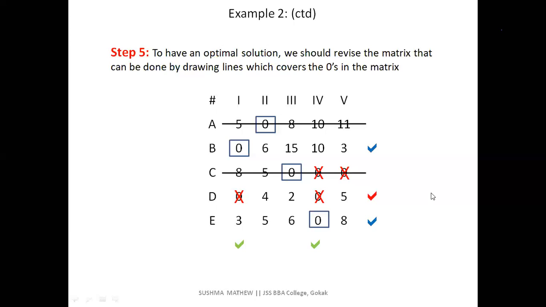So the one 0 is available in the first column and the other 0 is available in the fourth column. Fine. Now next. In the same column, wherever I have marked green, I wanted to know whether any assignment is being made or not. Yes, those assignments have been made on the second row. And again, in the fourth column, the assignment is being made on the fifth row.